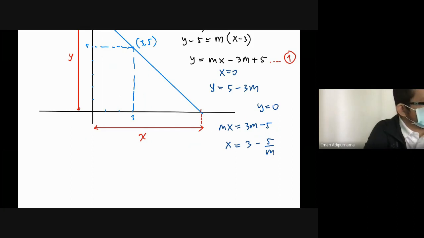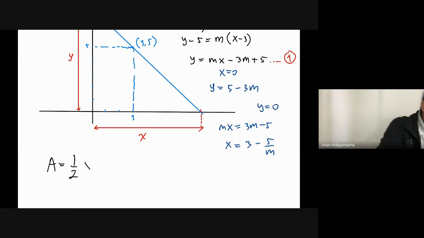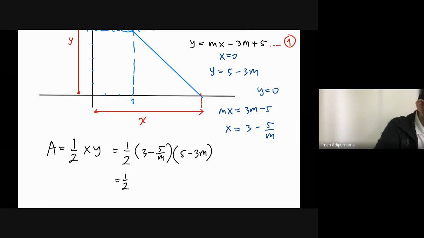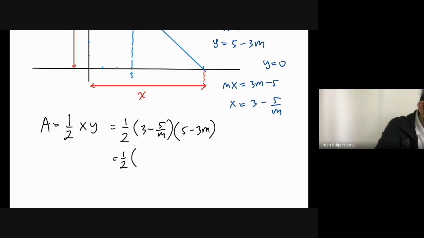Now we have the equation using the variable m, right? And then remember we have the area is half xy. So we can take the x, take the y, and take this multiplication.